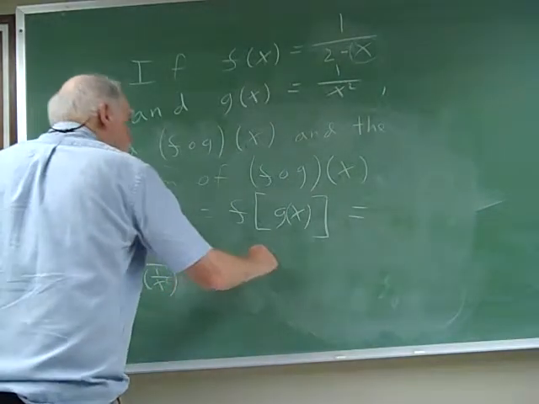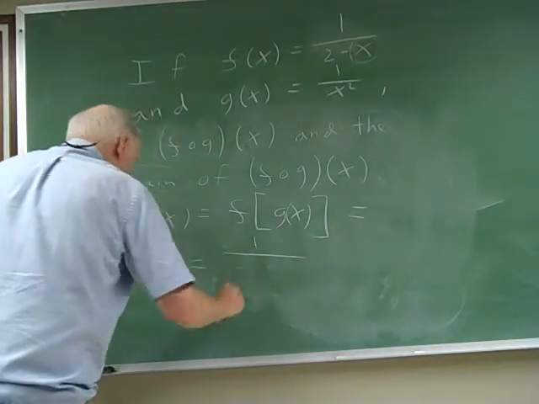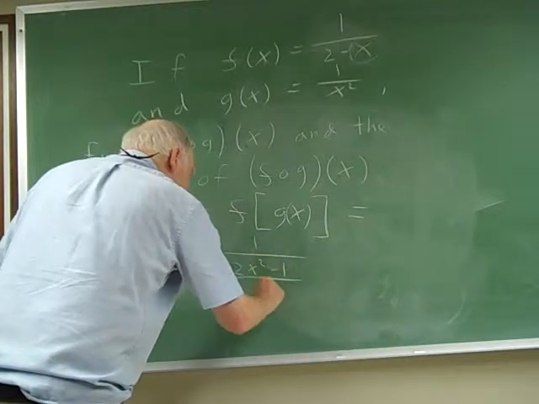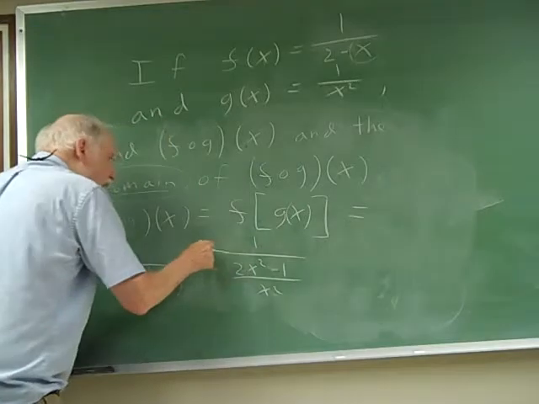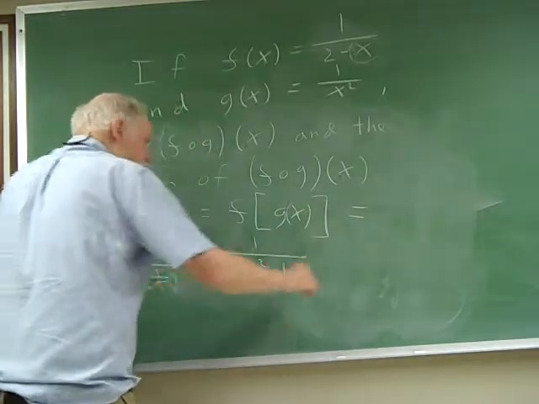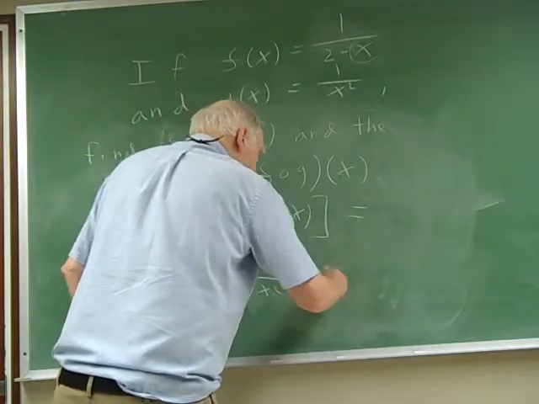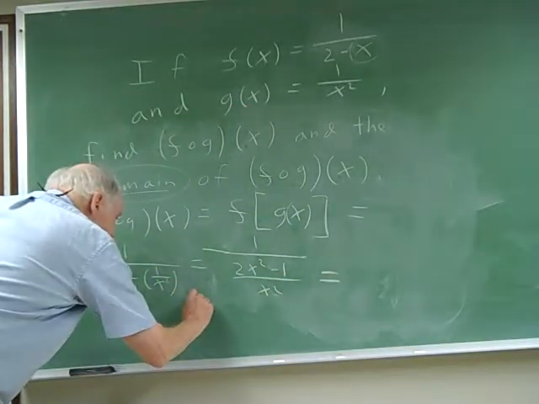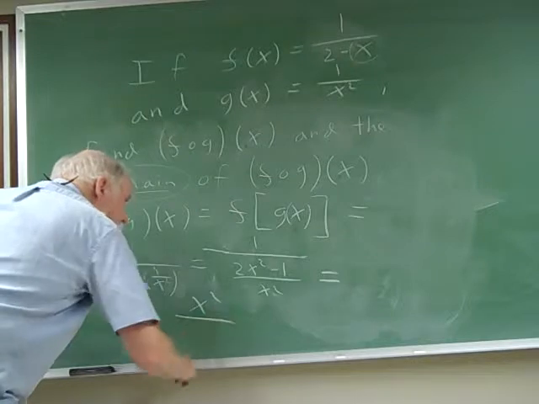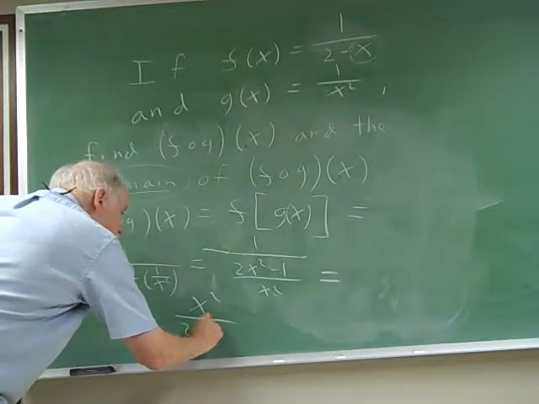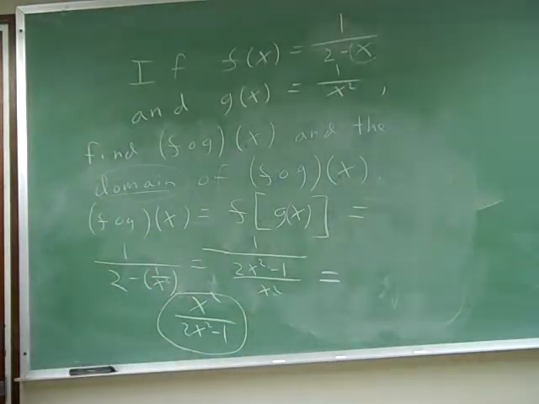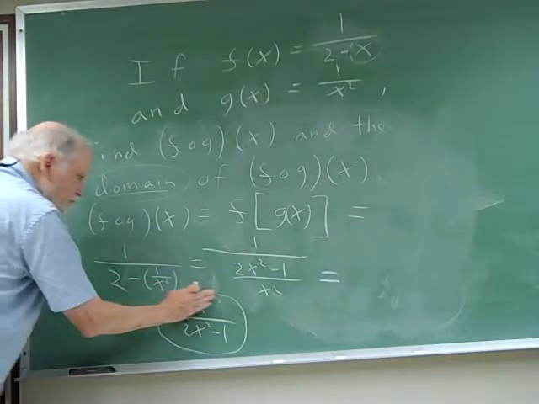So we end up with 1 over (2x squared minus 1) over x squared, and this is the long line, right? And that, in the end, equals x squared over 2x squared minus 1. And that is our f of g of x in its simplest form.